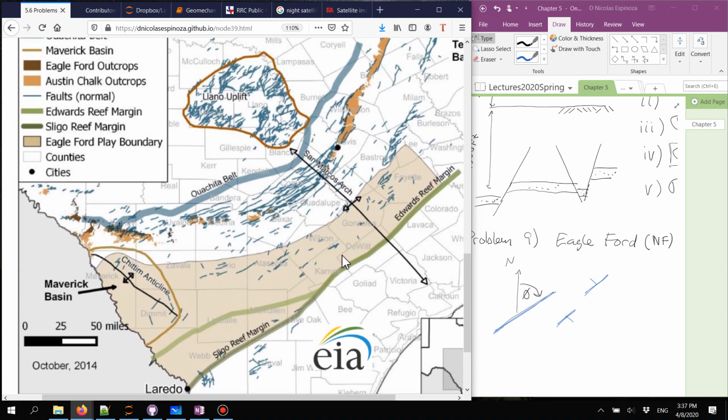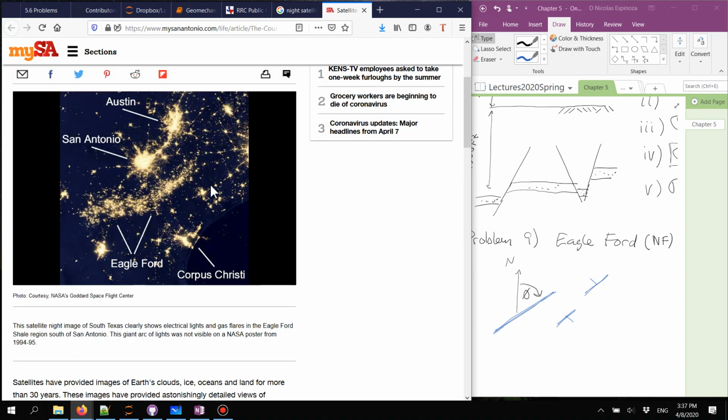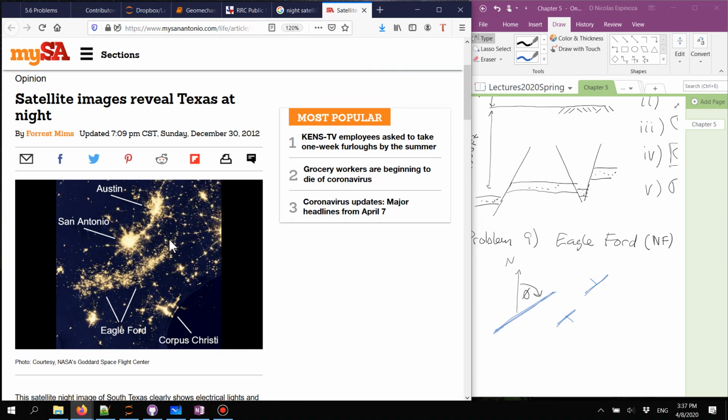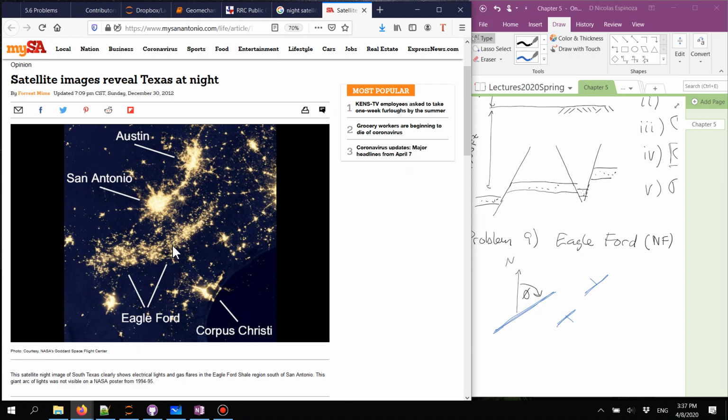So one more thing which I think is fun just to mention, we know that the Eagle Ford is over here, and I don't know if you have seen the satellite image, but these are very nice. These show how south Texas looks at night, and you can see, for example, this is Austin, this is San Antonio, Corpus Christi, Laredo.